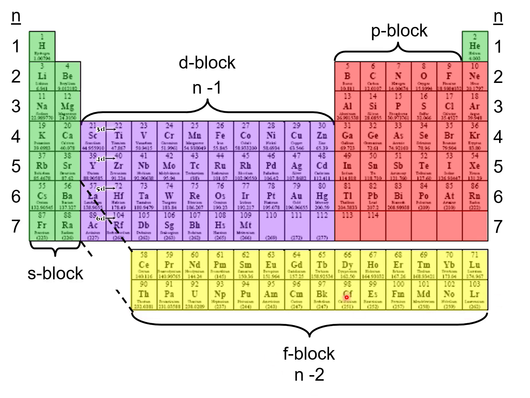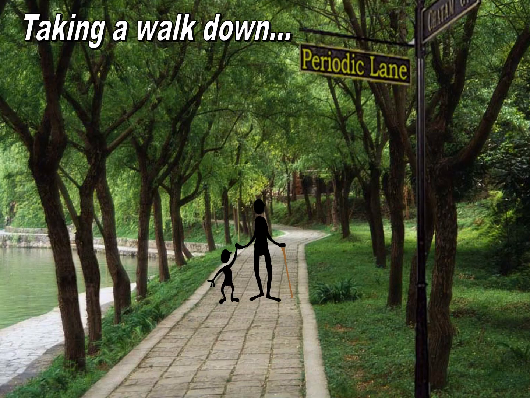So the inner transition metals are the F block. They drop by n-2, and I cannot ever remember to do the n-2 part, the energy level. So I just write 4F and 5F next to the lanthanides and the actinides. I think that's all of the information. So let's go and take a walk down periodic lane.